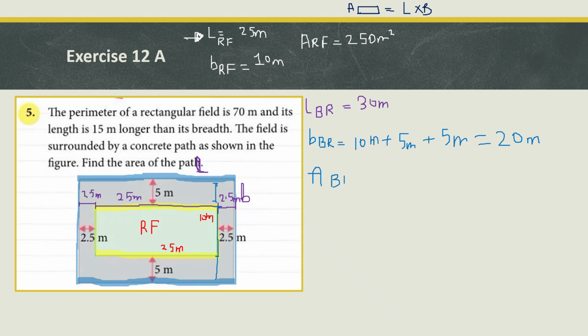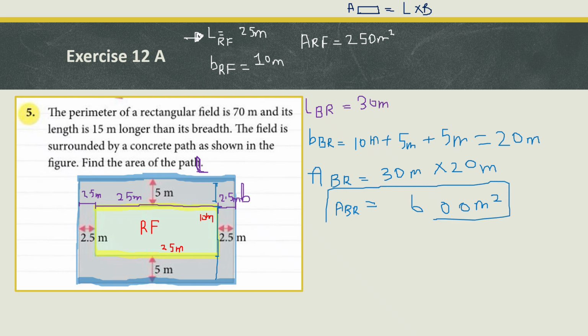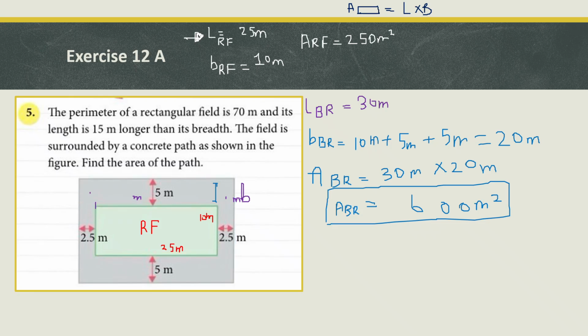Now area of big rectangle is equal to 30 meter multiplied by 20 meter, 2 zeros, 3 twos are 6, 600 meter square. So area of big rectangle is 600 meter square.